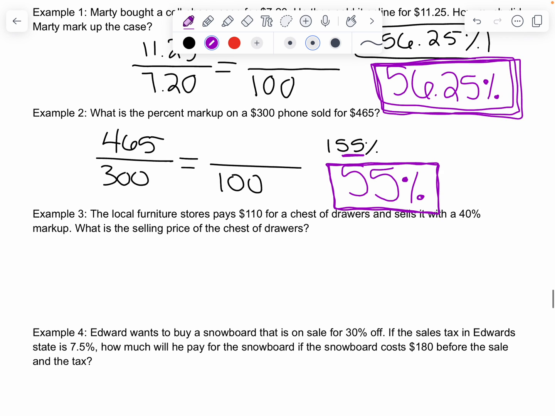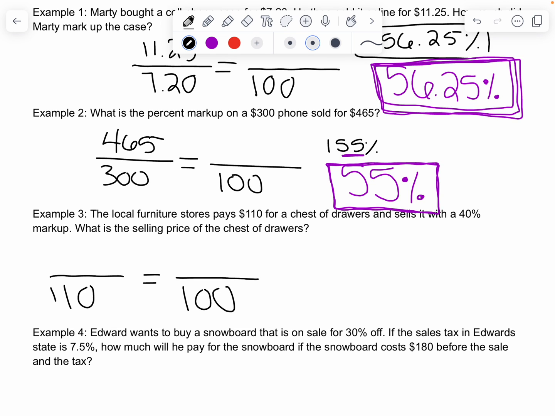Example 3. The local furniture store pays $110 for a chest of drawers and sells it with a 40% markup. What's the selling price of the chest of drawers? So the before price was $110. Always 100 down here. And it was a 40% markup.